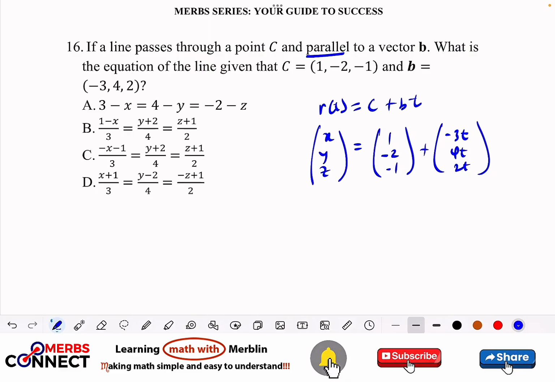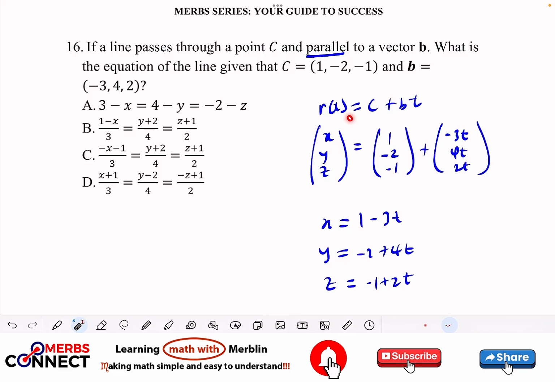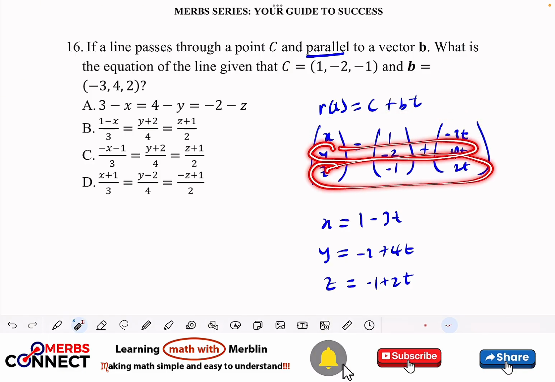So it means that x will be equal to 1 minus 3t. Y will be equal to minus 2 plus 4t. And z will be equal to minus 1 plus 2t. So x is this, y is this, and z is also this.